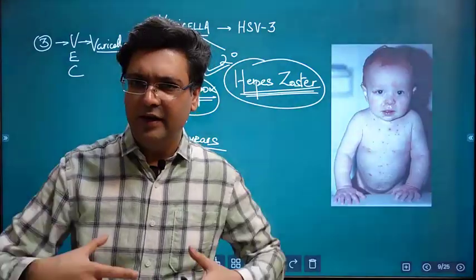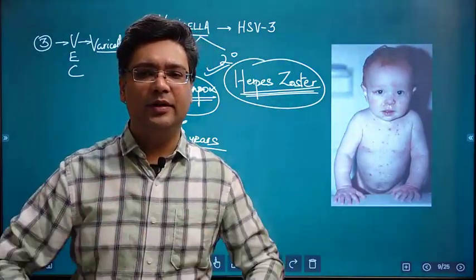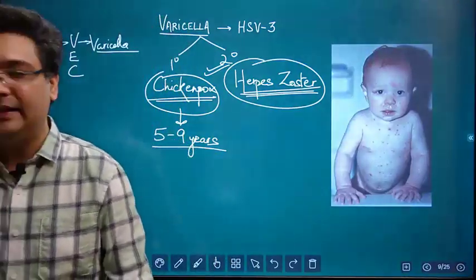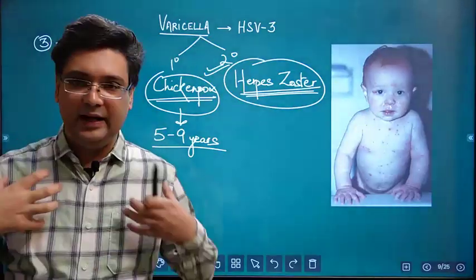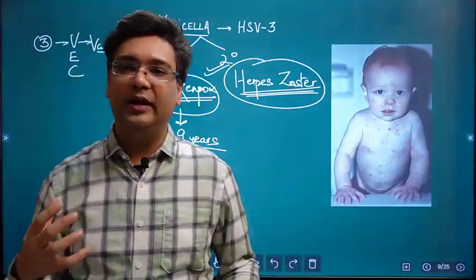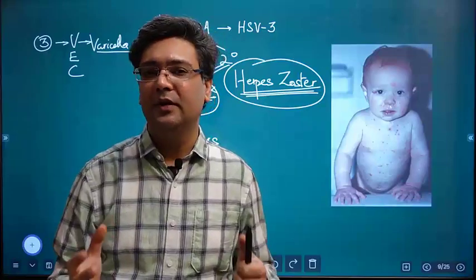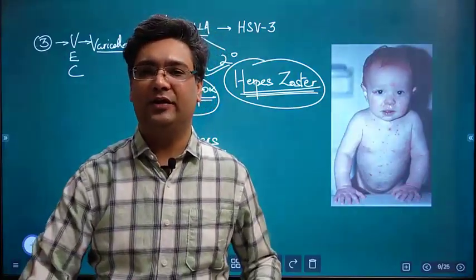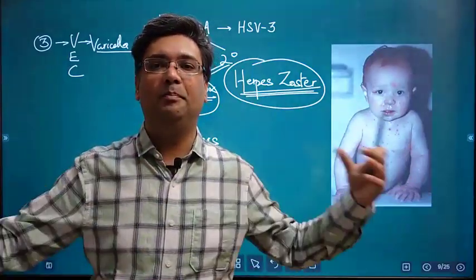This is different. The rash of varicella starts from the trunk, followed by the head and then the extremities. This rash is a centripetal rash, spreading from the center to the peripheries.